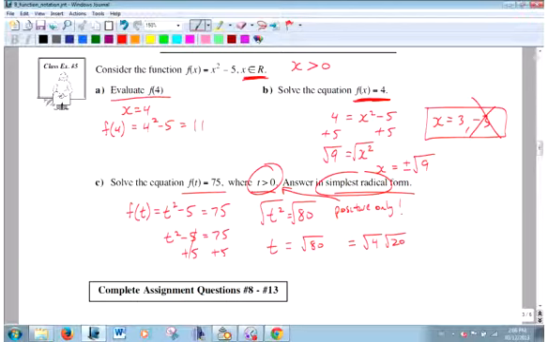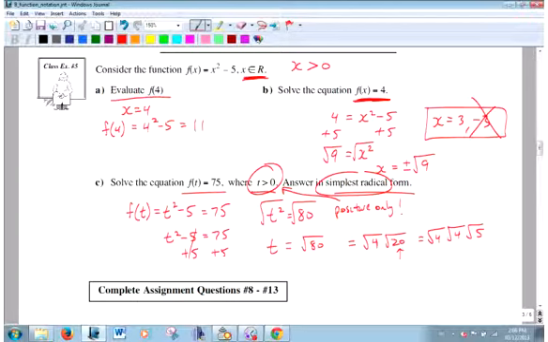That's the same as root 80. Why do I do that? Because I know the square root of 4. But is there another perfect square in here? Yes, there is. So this is root 4. I know I can make that 2. I'm writing it out like this because I just want to. Root 20 is root 4 times root 5.